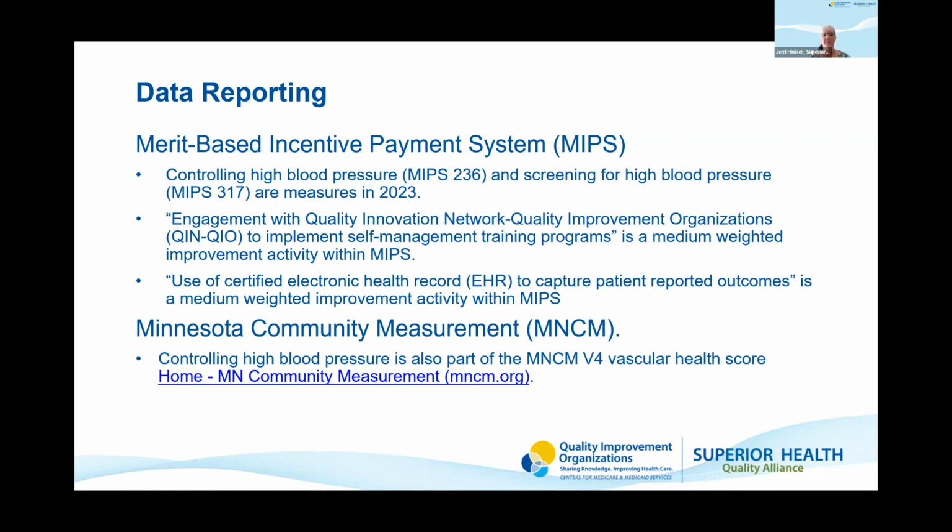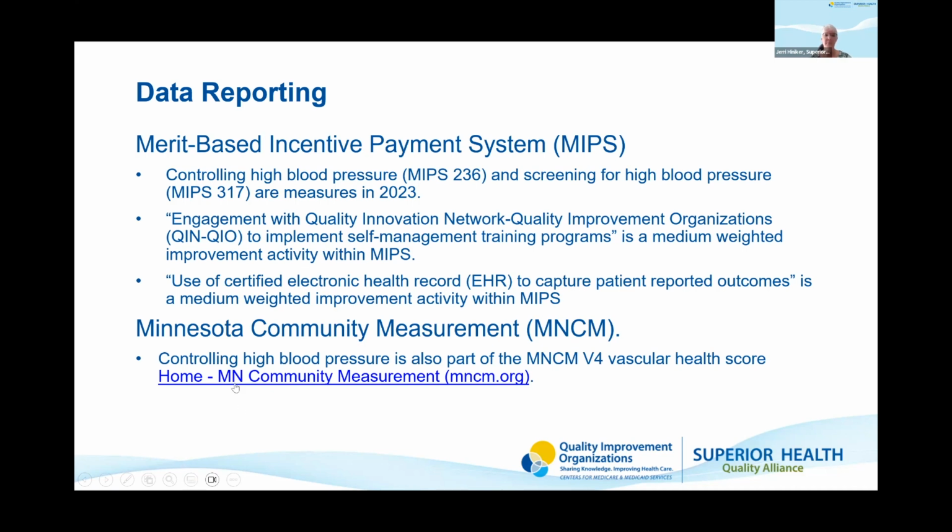One is MIPS 236, which is, of course, the control of high blood pressure. But I also added here the screening for high blood pressure. So we want to identify those patients who maybe haven't been diagnosed with hypertension yet, because many times they're at more risk for complications because they aren't treating their hypertension. So again, that's MIPS 317.